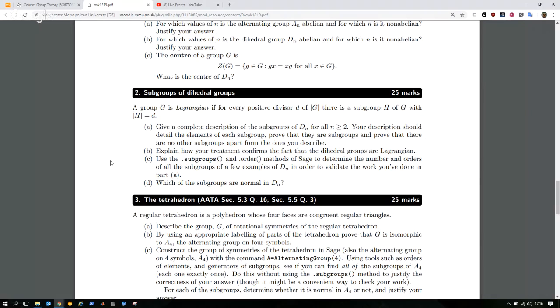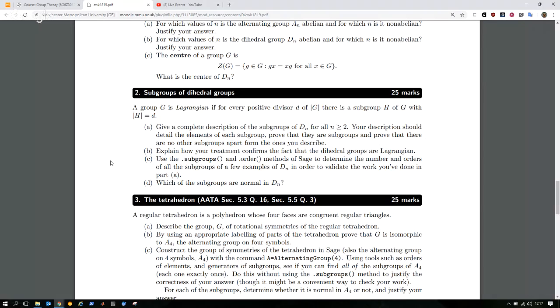So I should be able to come along to your work with an n in mind, like n equals 100, and I should be able to obtain precise descriptions from your work for how many subgroups D100 has, what do they look like, what sizes are they, what elements are in them. So you need some kind of a formulaic description of the subgroups of Dn.